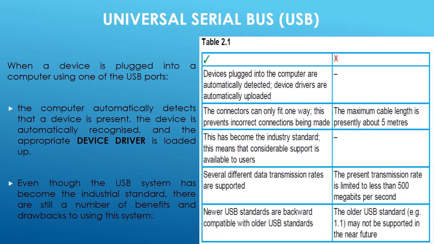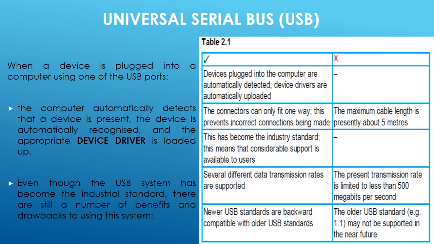The first benefit is devices plugged into the computer are automatically detected, device drivers are automatically uploaded. The second benefit is the connectors can only fit one way. This prevents incorrect connections being made. The third benefit is this has become the industrial standard. This means that considerable support is available to users.